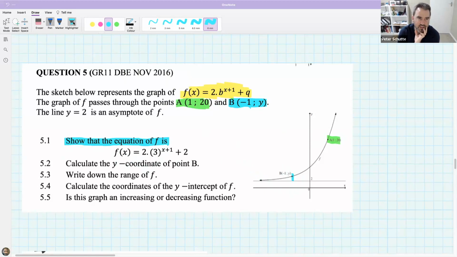So what they're basically saying is you need to show us why b equals 3 and why q equals 2. Okay, where would you start for this question? So this is a bit more of an interpretation thinking question.